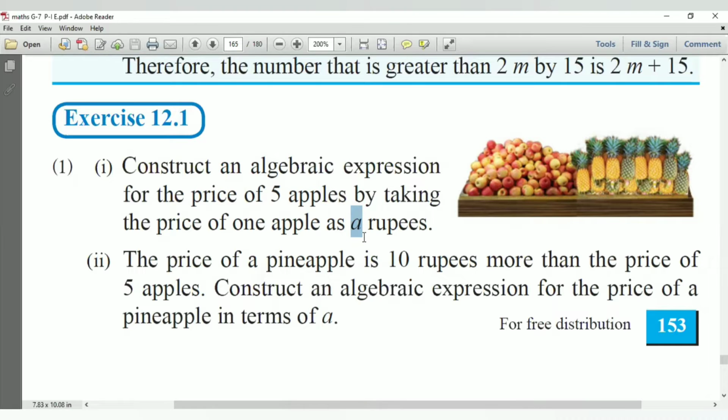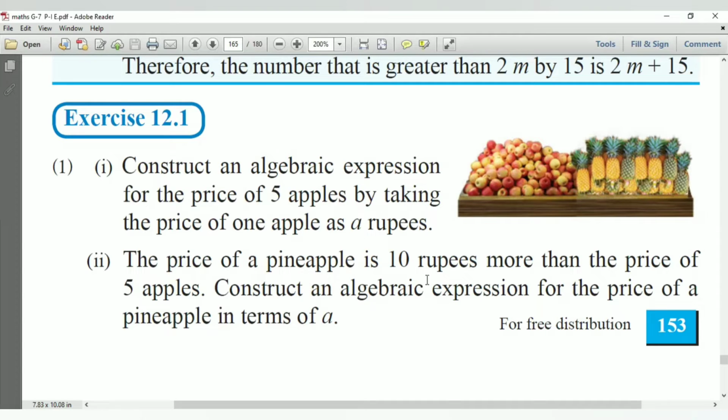Next, the price of a pineapple is 10 rupees more than the price of 5 apples. It is more than the price of 5 apples.